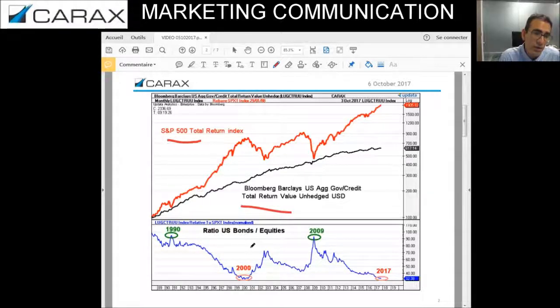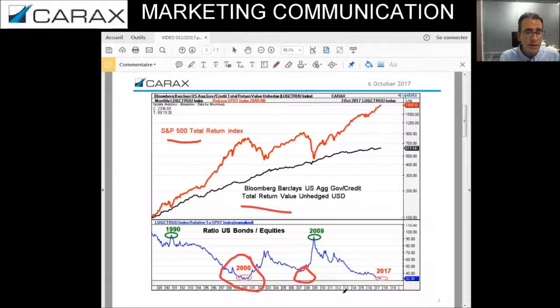cheap relative to equities. I find this ratio very interesting, first of all because it is hitting its lowest level since the year 2000, which was obviously an equity bubble. The last big equity bubble, we also had 2007 here.